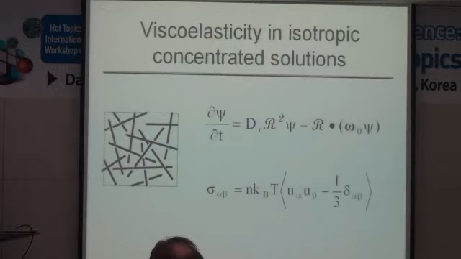All right, so this is the viscoelasticity. This is a summary of the viscoelasticity in isotropic concentrated solution. Essentially the distribution function obeys this rotational diffusion part, and this omega naught is the angular velocity imposed by the shear flow, by the external velocity gradient.